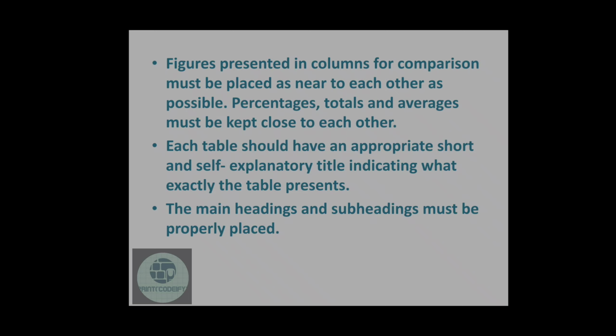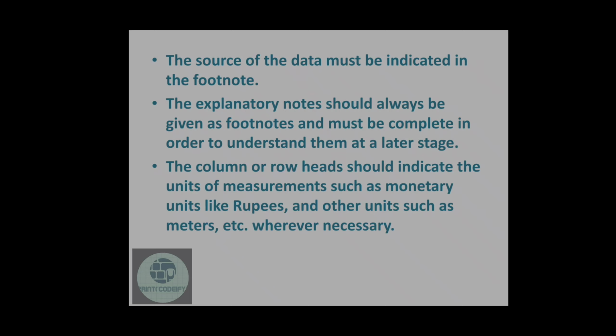Totals to be compared may be given in bold type wherever necessary. Each table should have an appropriate short and self-explanatory title, indicating what exactly the table presents. The main headings and subheadings must be properly placed. The source of data must be indicated in the footnote.